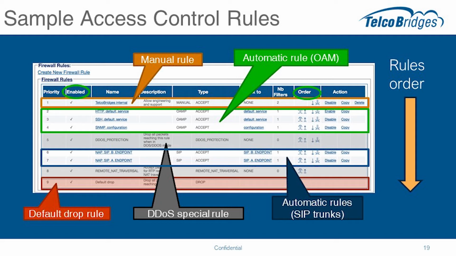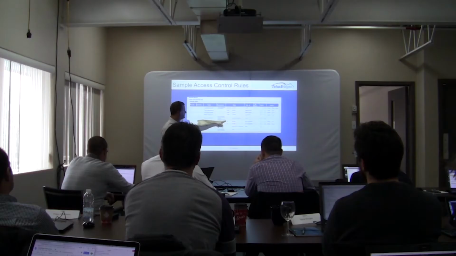Then you have each of the NAPs that you have configured in the system. If you have remote NAT it will also be configured here, and the last one is always drop. The first one here is one that we created internally, so that's a manual rule. This is created by the OAM interface, this is created by SIP, and these are there automatically.